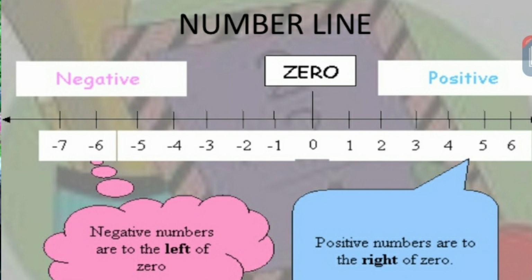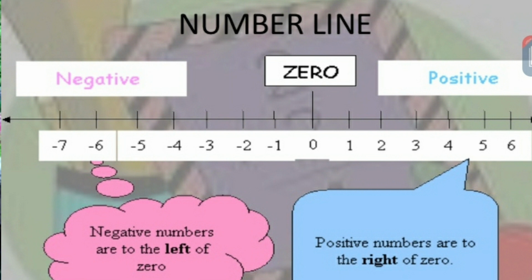The negative integers are to the left of zero, and the positive integers are to the right of zero. I will repeat once again. The center 0 is there. This 0 divides the line into two equal parts, negative integers and positive integers.